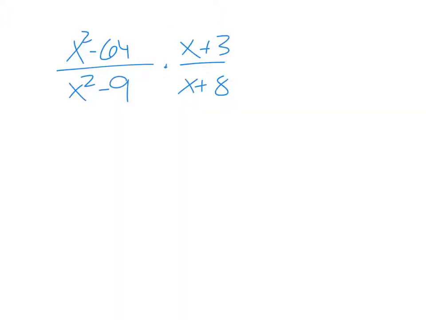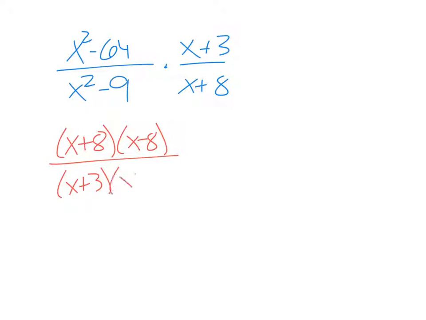So I'm going to start off by just factoring everything that I can, and if you notice that the first rational expression there is just difference of squares on both numerator and denominator, then you can easily get to x plus 8 and x minus 8 in the first numerator, and x plus 3 and x minus 3 in the first denominator.